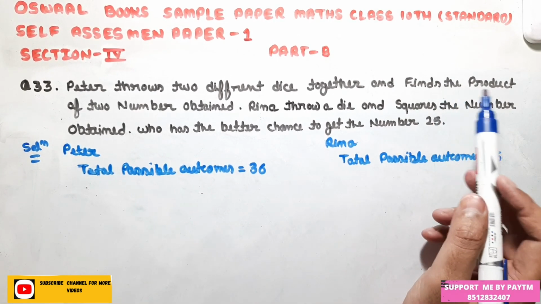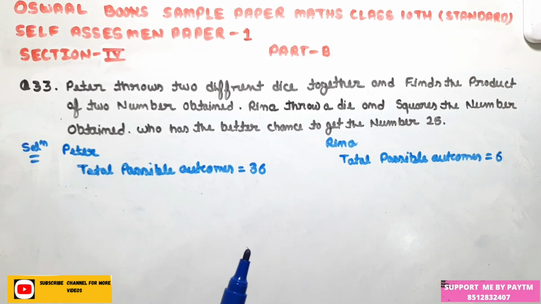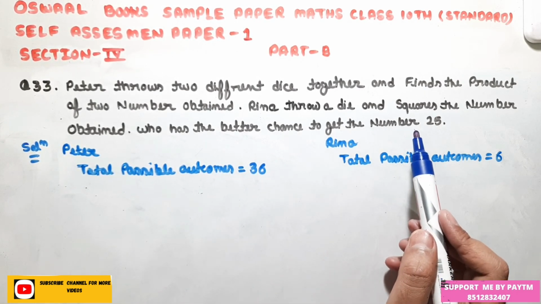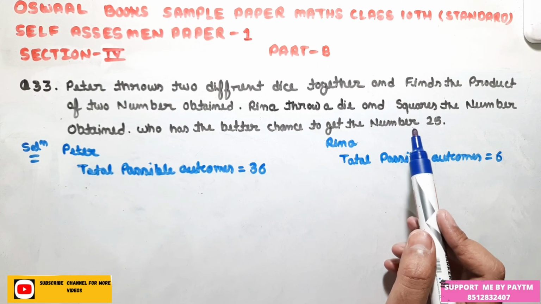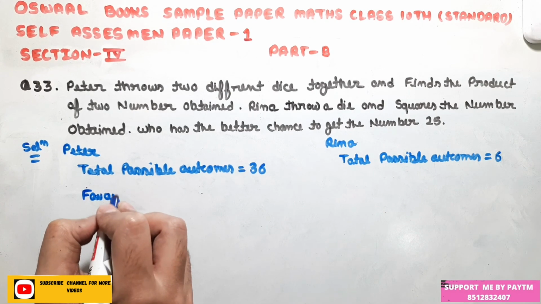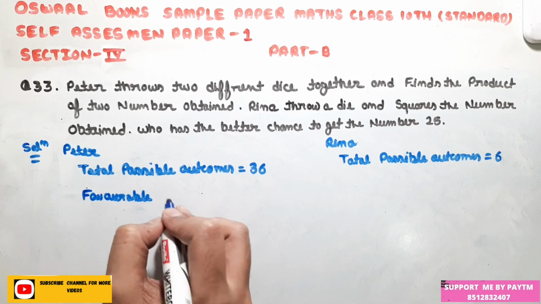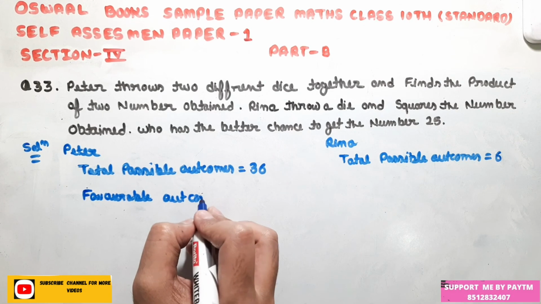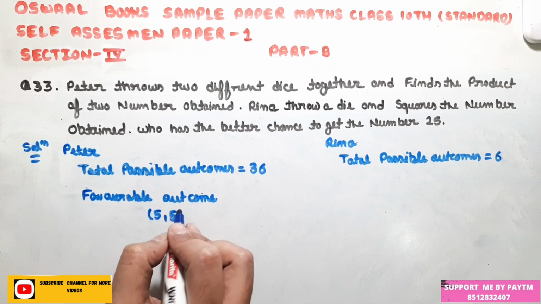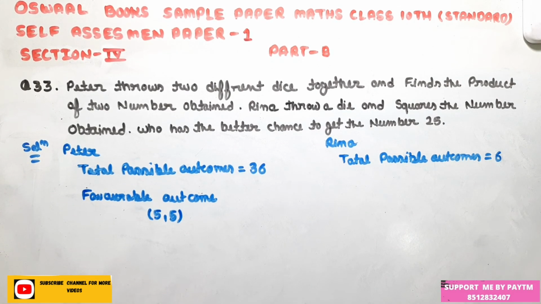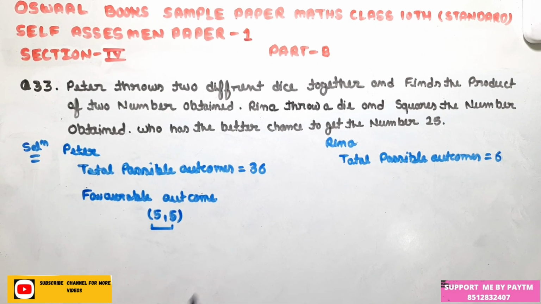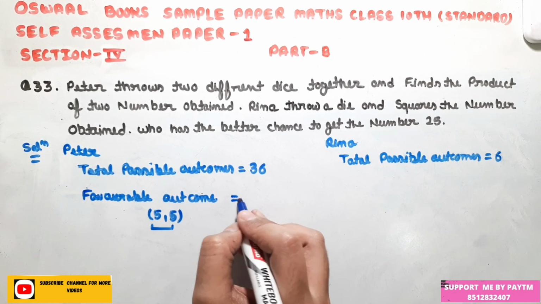Peter finds the product of the two numbers obtained. We have to find the probability that the product of the two numbers is 25. So the favorable outcome is (5,5). We can get product 25 only in a single condition. So the favorable outcome is 1.